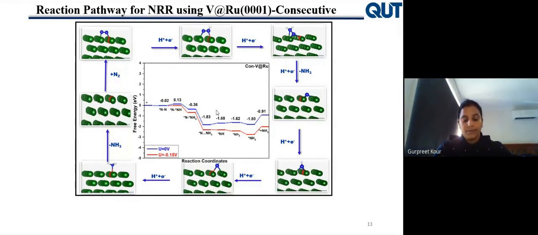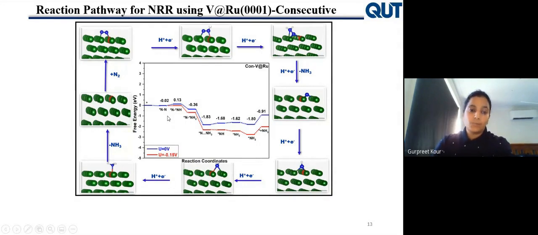After the adsorbed nitrogen, it reacts with one pair of electron and proton and gives rise to the formation of NNH. The free energy change was 0.15 electron volt, which was the highest energy change encountered in the whole process.